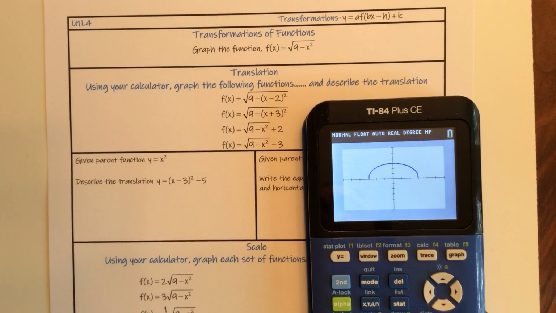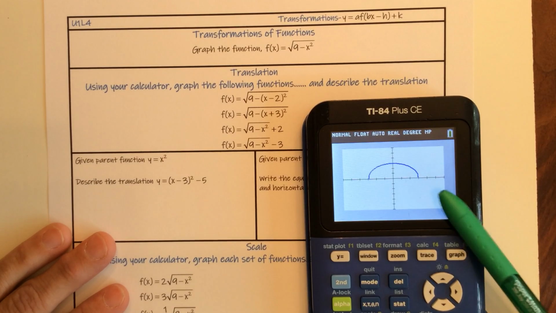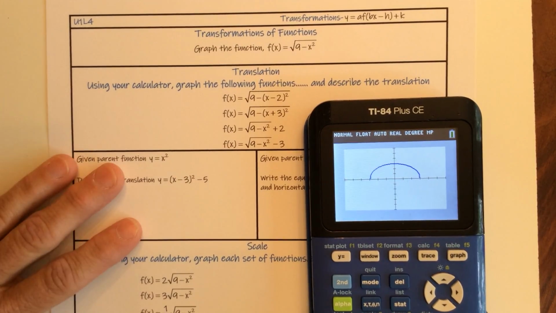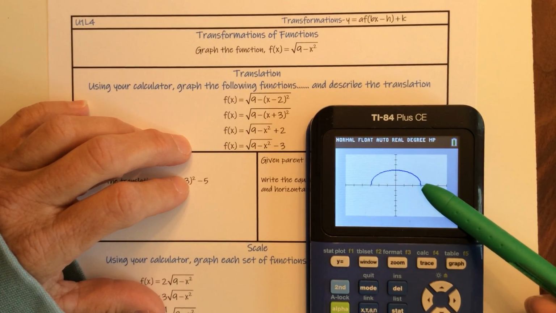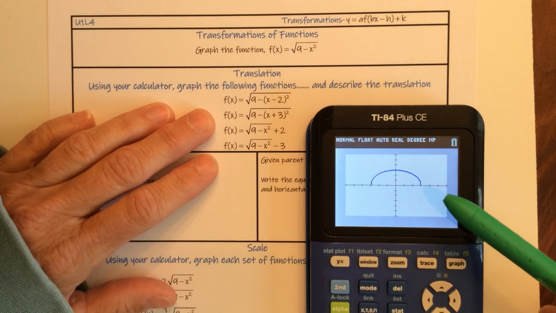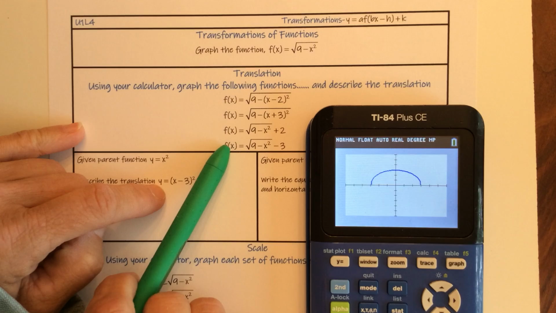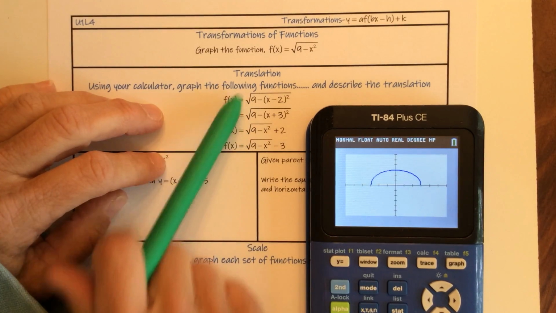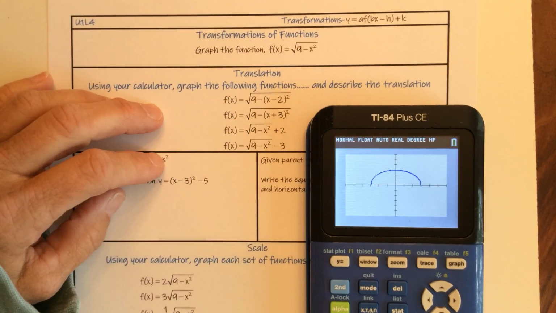It is a function; it passes the vertical line test. But here's what I want us to look at: I want us to graph the following functions and see how these graphs are different from this graph.